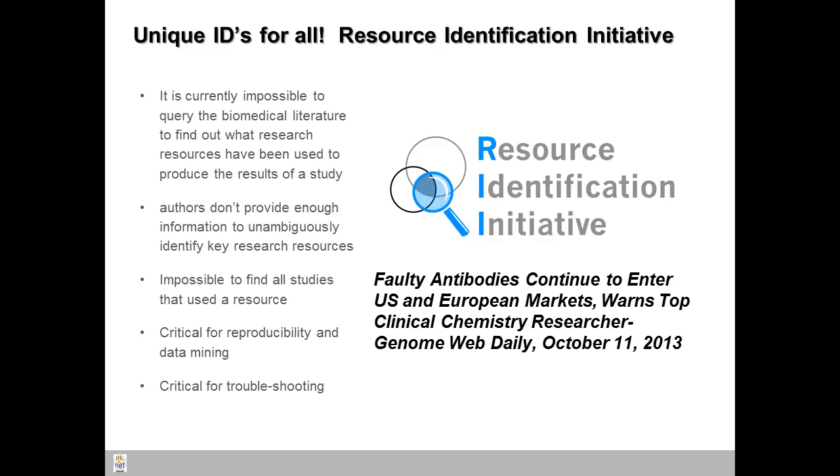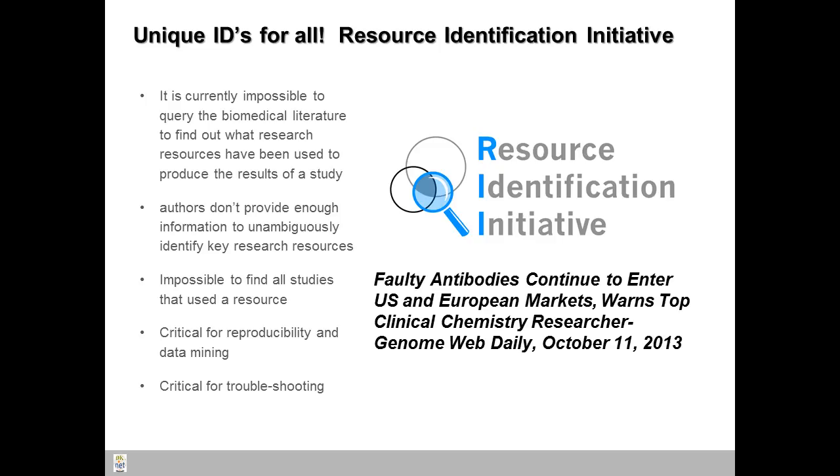And one of the core drivers for this is that it's very difficult to find in the literature appropriate information to fully disambiguate what was actually used in a study.